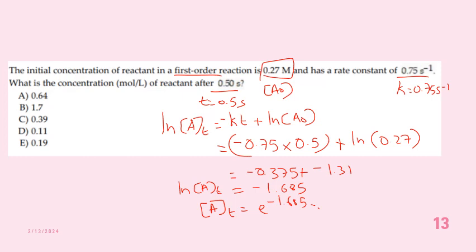So what you have to do is press second, ln, and you can press the negative at the bottom, then 1.685, close parenthesis, and you will get 0.185, that approximately equals 0.19. That is going to be your answer.